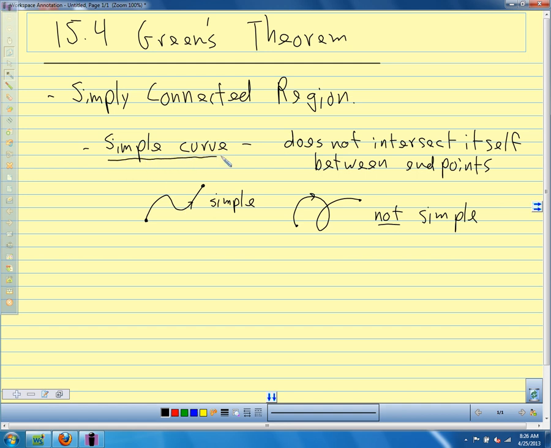We're going to use a simple curve to come up with the idea of a simply connected region. A simple closed curve intersects itself only at its endpoints.